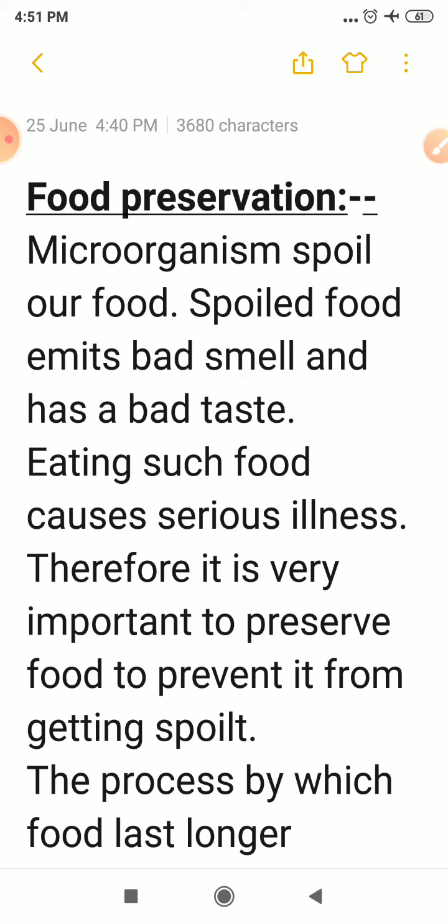Therefore, it is very important to preserve food to prevent it from getting spoiled. And how can we preserve food? There are some techniques.